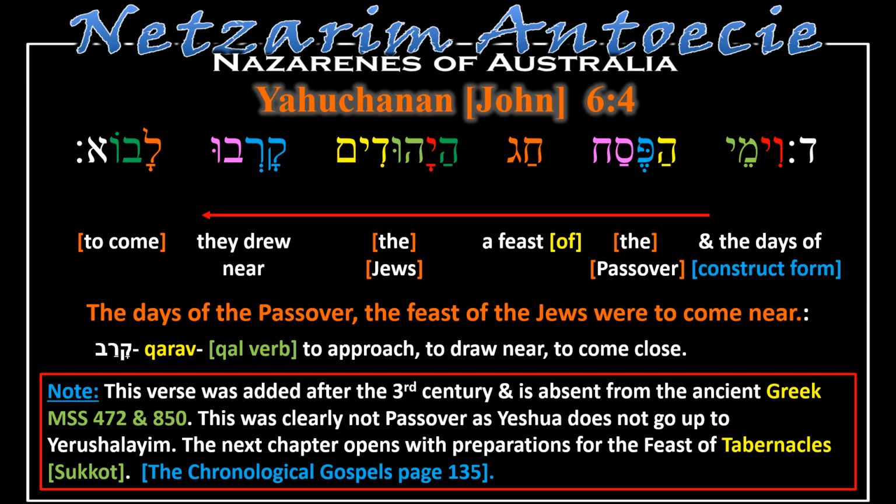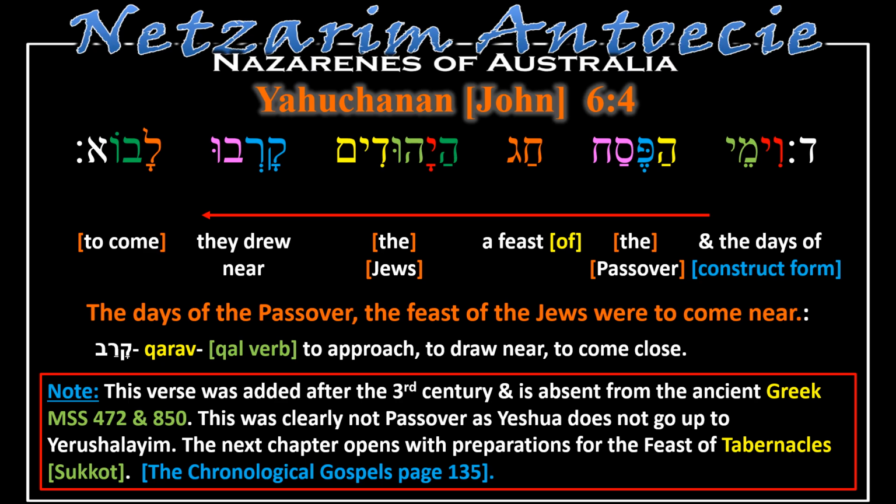Now we need to emphasize that the Passover is not a feast of the Jews. And that's why this verse may have been altered or added by a translator, because we know from Leviticus, from Vayikra, that the feasts are the feasts of Yahweh, not the Jews.